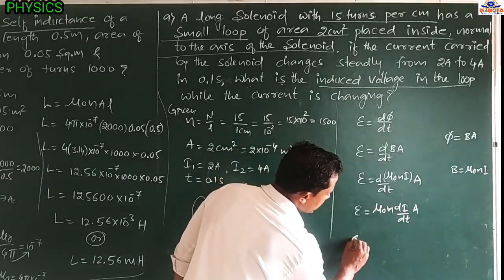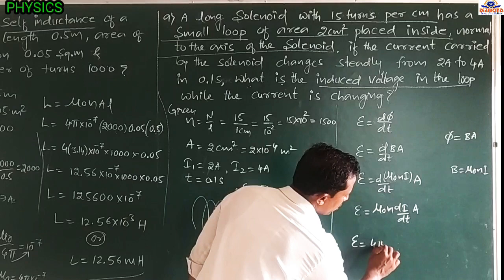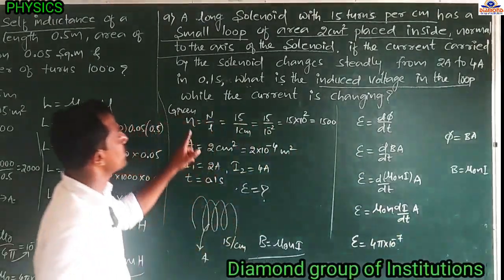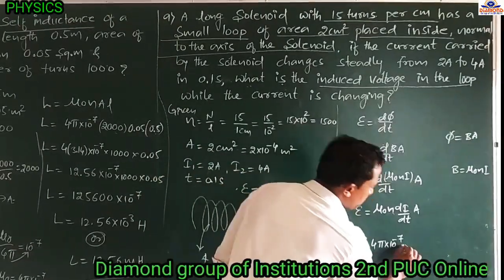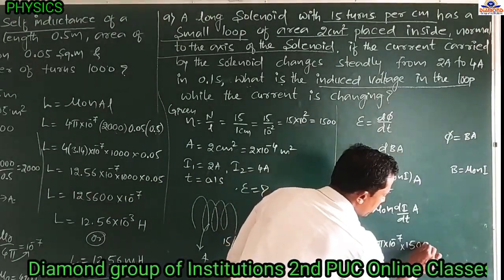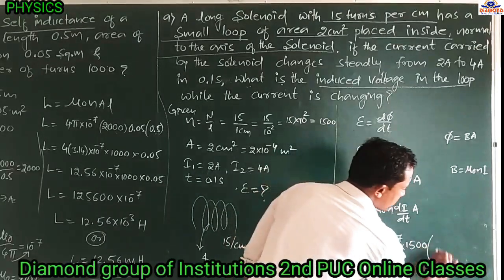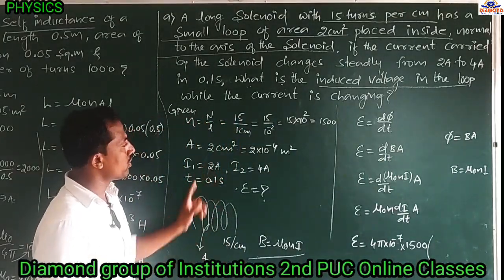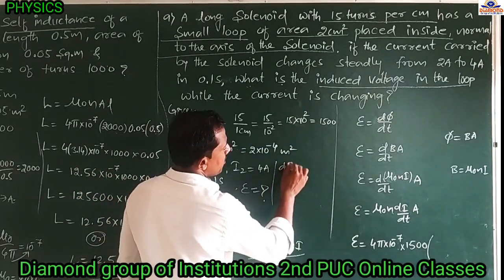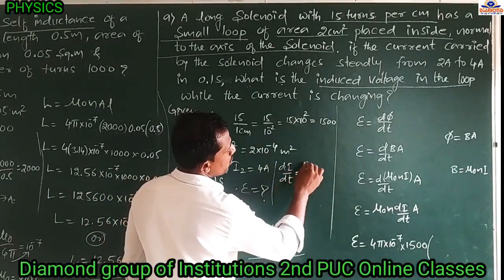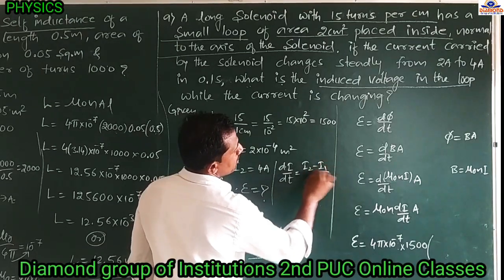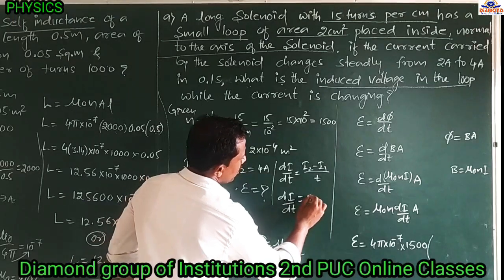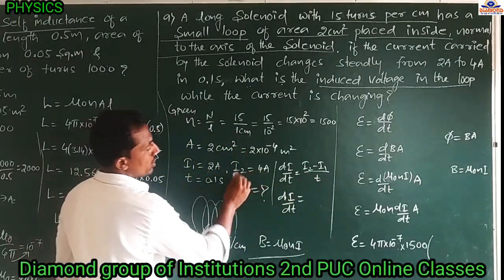Then we are writing E equals mu naught, value 4 pi into 10 to the power of minus 7, times the number of turns per unit length, which is 1500. Di by dt means I2 minus I1 by t. Here di by dt equals I2 minus I1 by t. What is I2 here? 4.